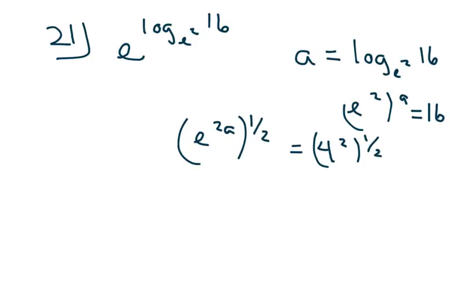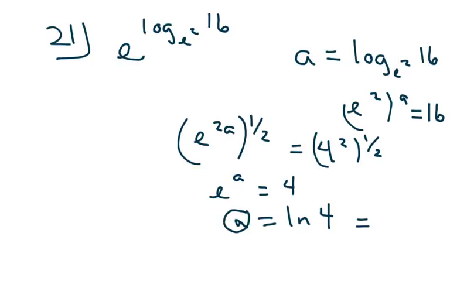So that means e to the a equals 4. So a equals ln of 4. So this whole thing equals 4.